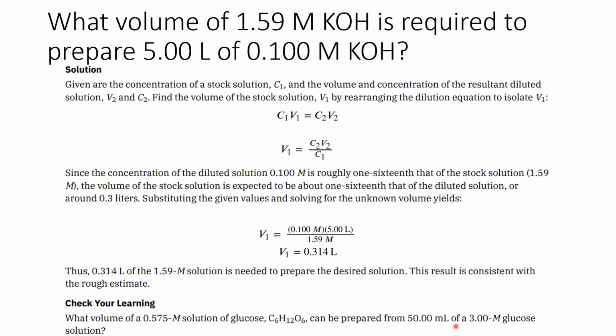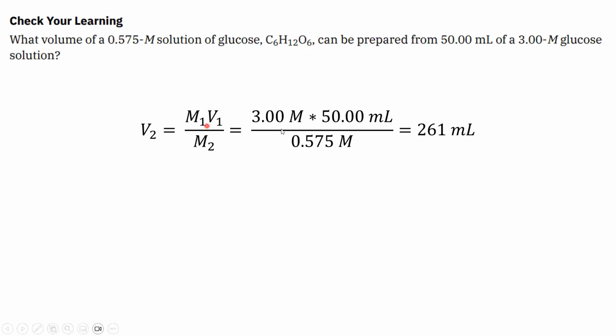Actually, in this case, we're solving for V2 because we're thinking about 0.575 as the M2. We're thinking about 3 molar as M1 and the 50 milliliters of that solution as V1. So we've got to solve for V2 in this case. And then when we do that, we'll get 261 milliliters.